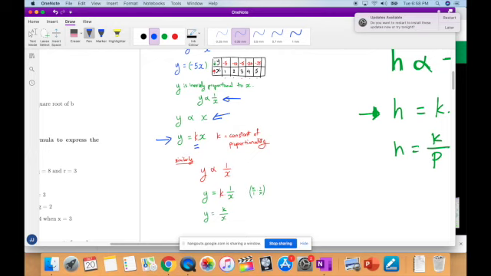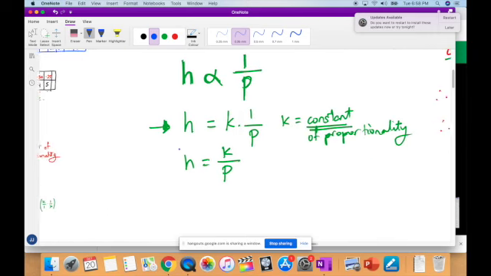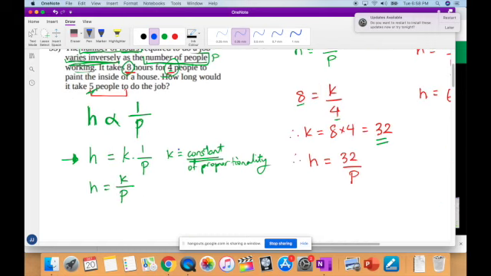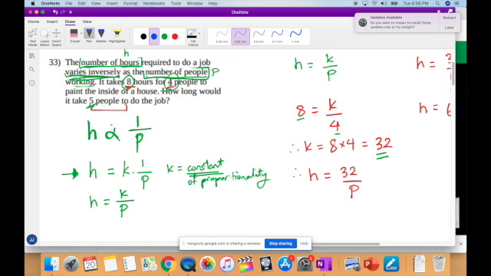Once you form your statement that something is inversely or directly proportional, when you go to the next line to form an equation, you have to put your constant of proportionality. That's what we did here, when we said the number of hours varies inversely with the number of people.